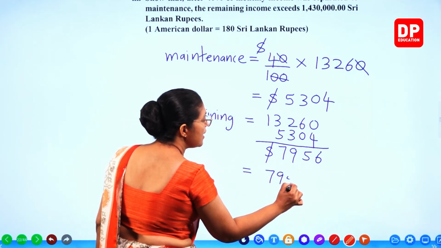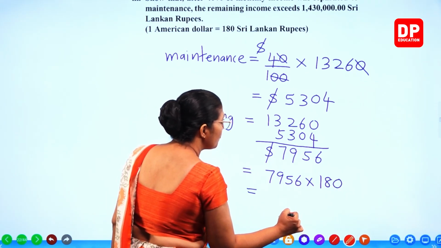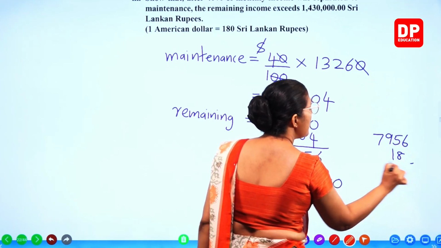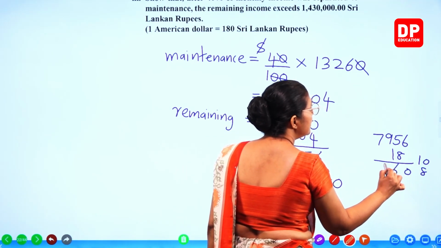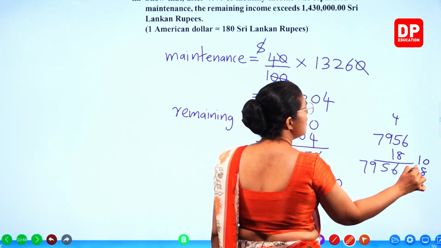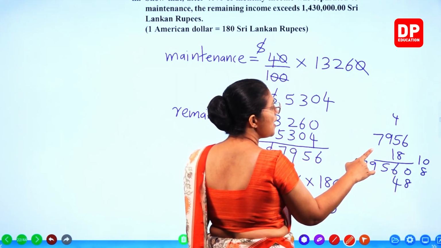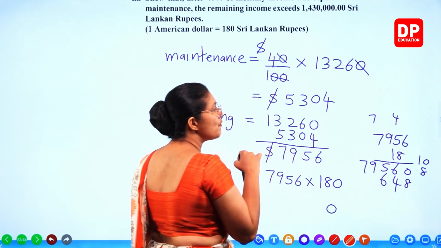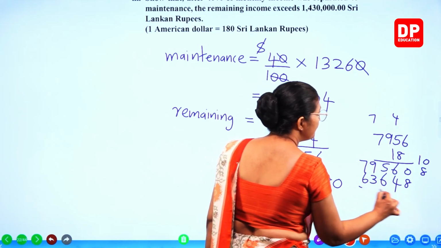So 7,956 multiplied by 180. 7,956 multiplied by 18 and we'll put a 0. 8 times 6, 48. 4 remaining. 8 times 5, 40 plus 4, 44. 4 remaining. 8 times 9, 72 plus 4, 76. 7 remaining. 8 times 7, 56 plus 7, 63.